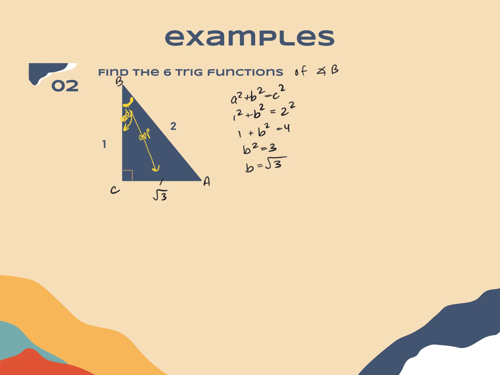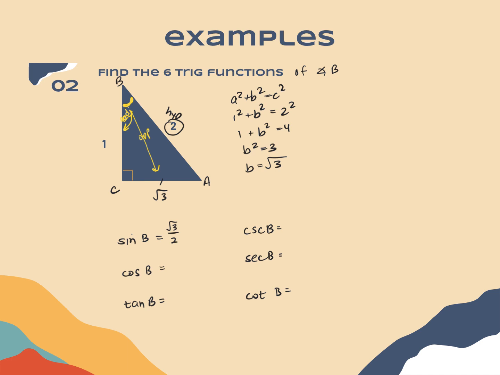So I'm going to use those in my 6 trig functions. So again, I come over to here, and I know now I'm doing the sine of angle B. So let me do sine, cosine, tangent, and then let me do cosecant of B, secant of B, and cotangent of B. Okay, so the sine again is opposite over hypotenuse, and so it's going to be square root of 3 over 2. Again, remember the hypotenuse is always the hypotenuse, right?